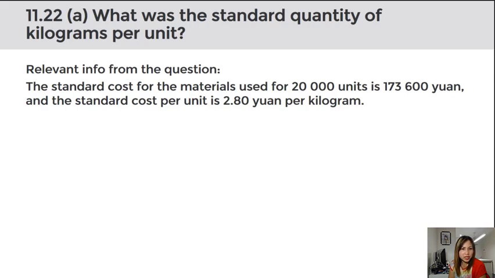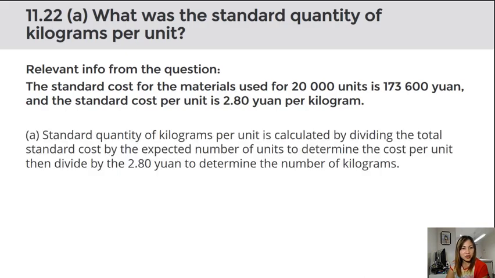How do we calculate standard quantity of kilograms? So how many kilograms per unit then? For standard quantity, you can calculate this by dividing the total standard cost by the expected number of units to calculate the cost per unit. Then divide by the 2.8 yuan to determine the number of kilograms.